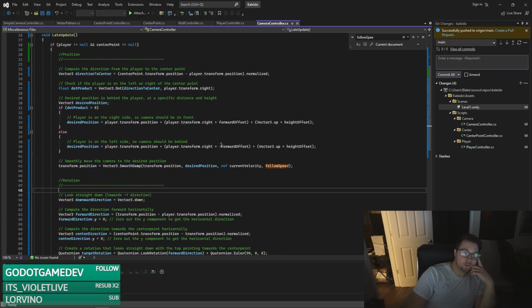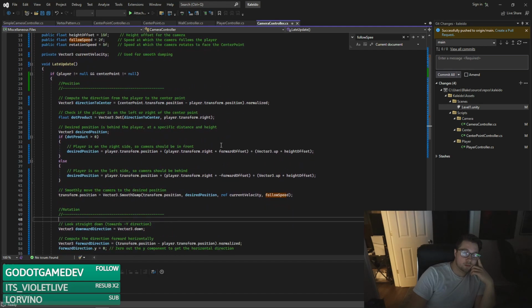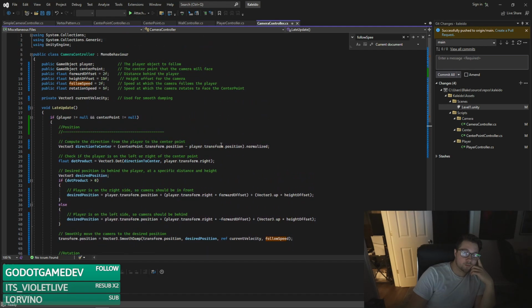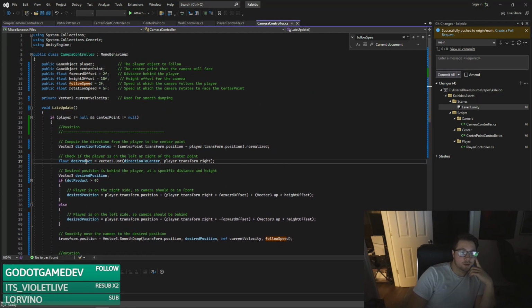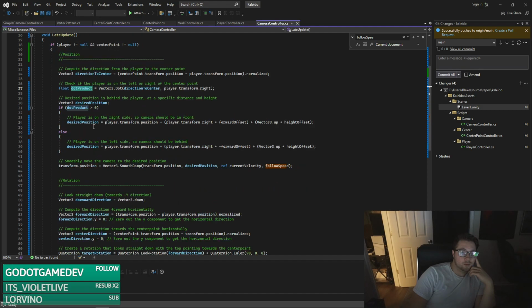Okay, so how is it figuring out if we're on the left? Okay, direction to center.